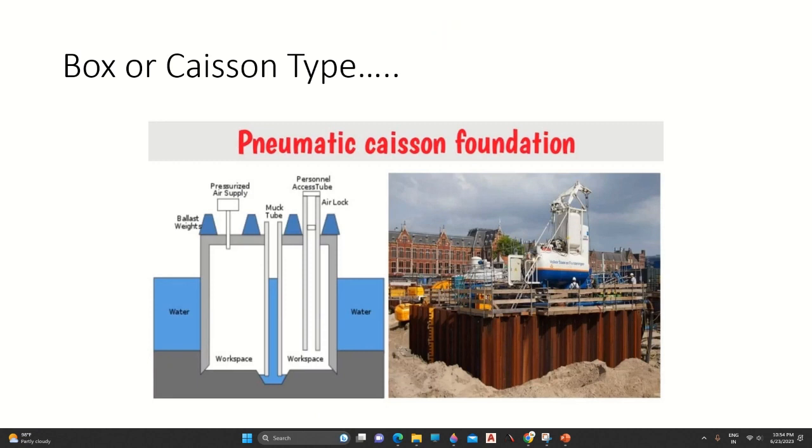For this type of foundation, the caisson is embedded in the soil or in water. Then you will do your concreting, and after the settling of this concrete, you will transfer the loads on the foundations.